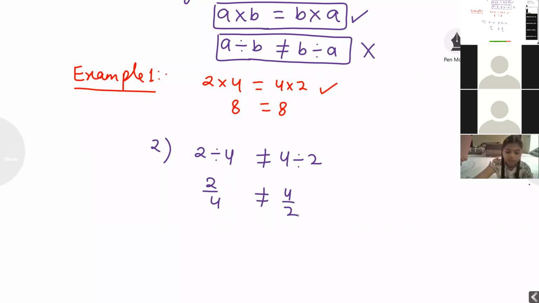Now 2 divided by 4 will come 1 by 2. 2 ones are 2. 2 twos are 4. 1 by 2 is not equal to 2. That's why we can't apply commutative property in the case of division. Are you getting my point, students?